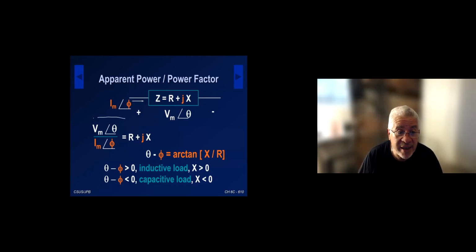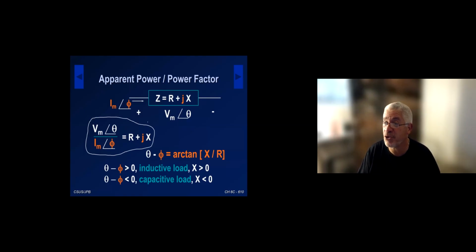Clearly, the ratio of voltage to current must be equal to the net impedance of the circuit. If we look at the angle in the cosine, the angle of the voltage minus the angle of the current, and it is positive, we can show that we're dealing with an inductive load. We can show that X is positive in the impedance.